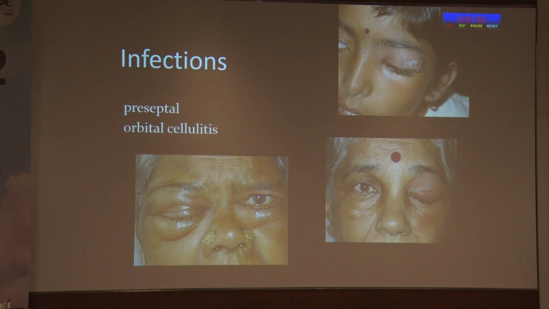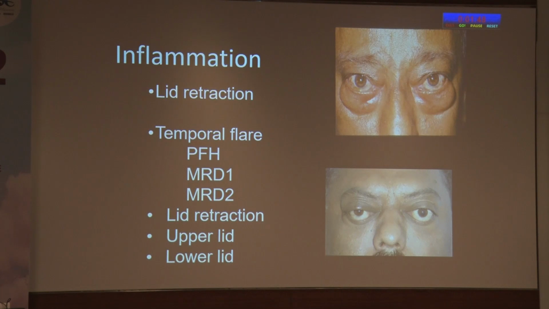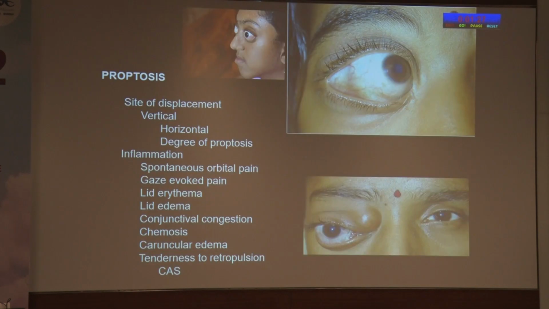But apart from that, a good clinical examination will differentiate a very grave disease. Inflammations, again, most of us can diagnose a patient with thyroid disease just by looking at them. So these are conditions which can be diagnosed by proper clinical examination, documenting all the investigations, thyroid profile, antibody profile, and then doing good imaging will help us.